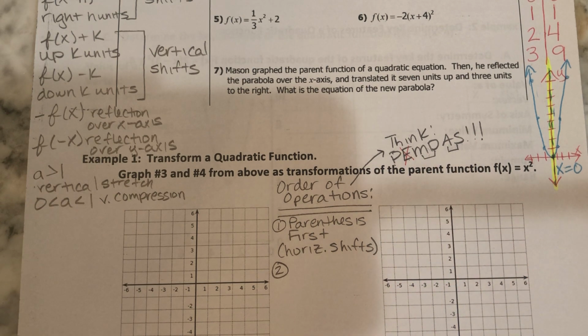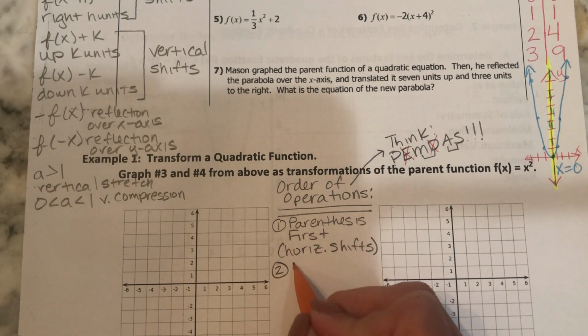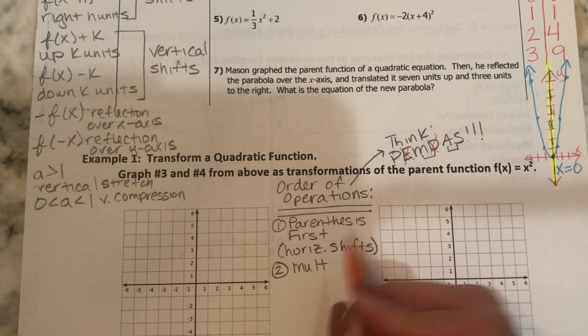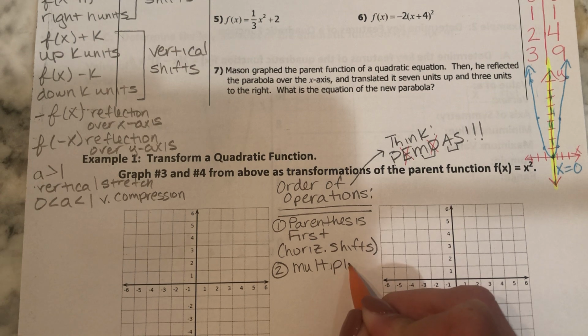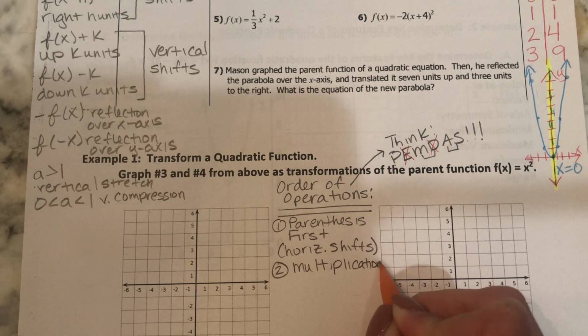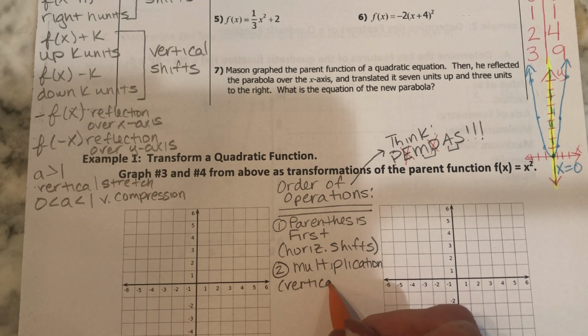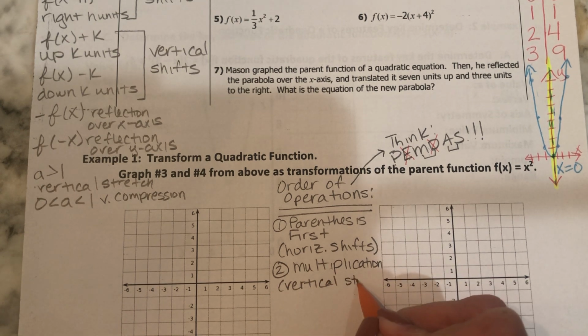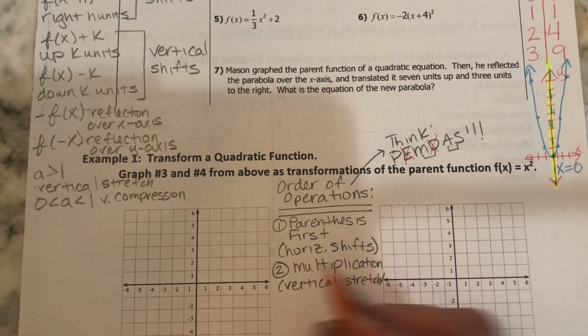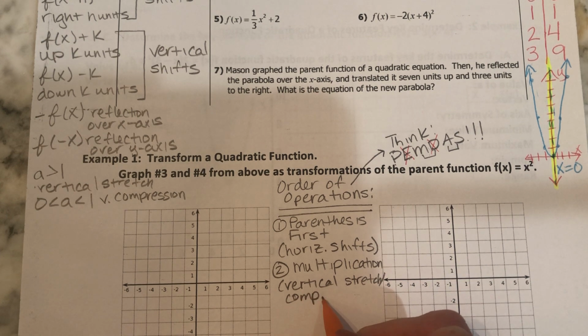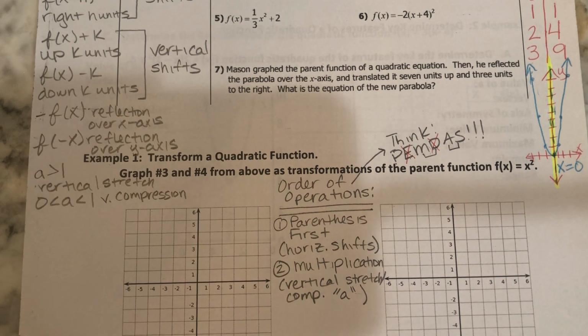So really, we're just looking at multiplication for this class. So deal with multiplication. And this is your A term, all right? So these are your vertical stretches and compressions. So the A term in your quadratic form.